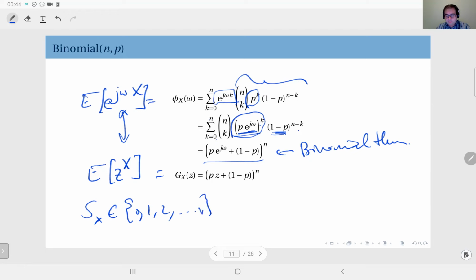Well, we have it up to n, but it doesn't matter. The thing is, in such a scenario, you can obtain the generating function by replacing e to the power j omega with a z in the characteristic function. Okay, so you have p times z plus 1 minus p, to the power n. But if you want, of course, you can compute this yourself, and you should see that you obtain the same result.